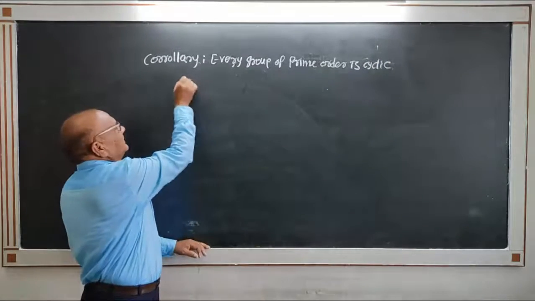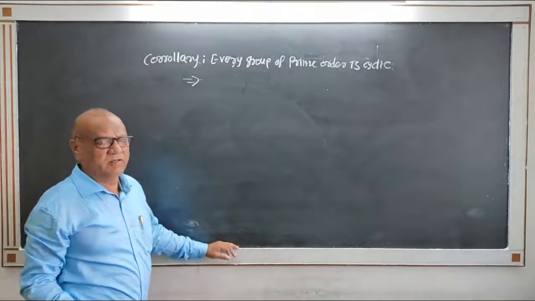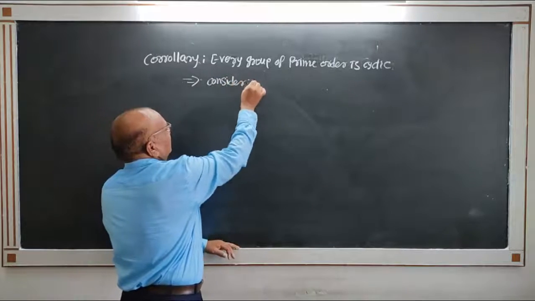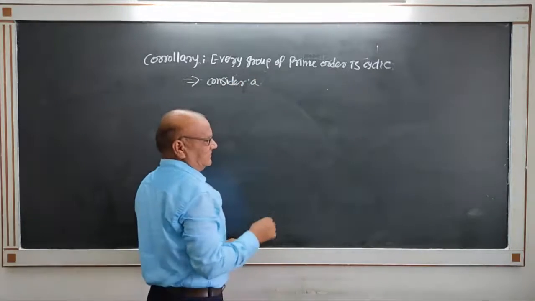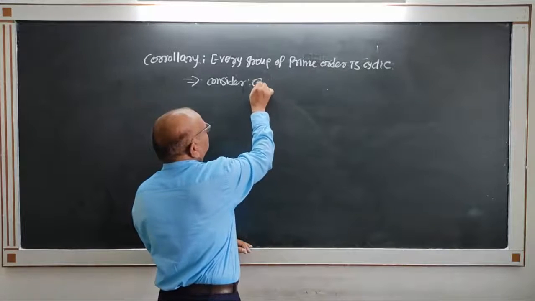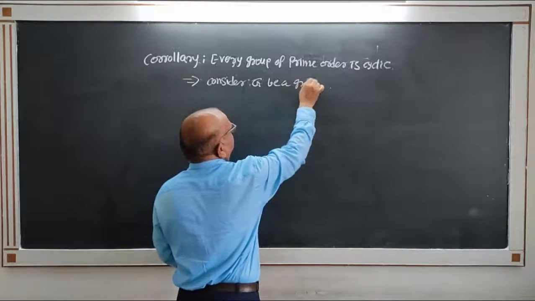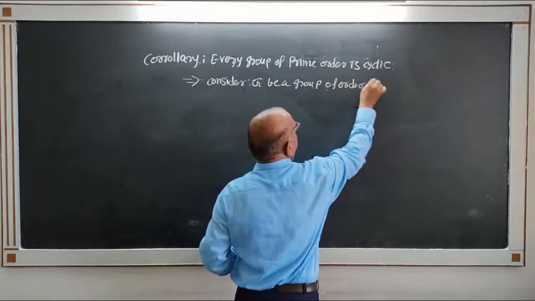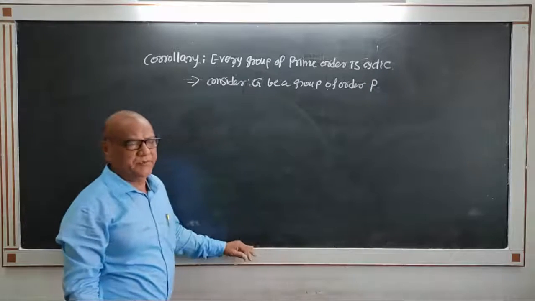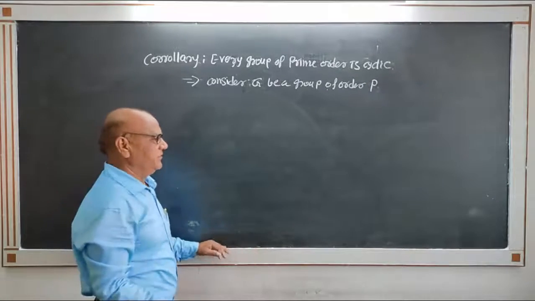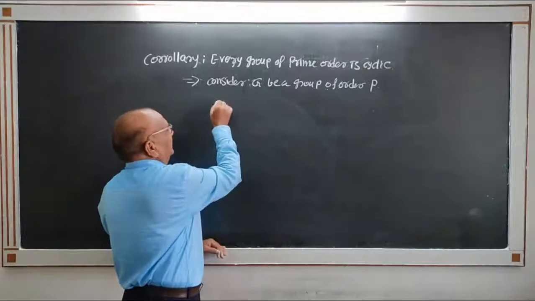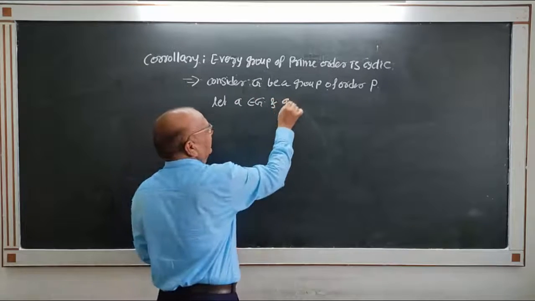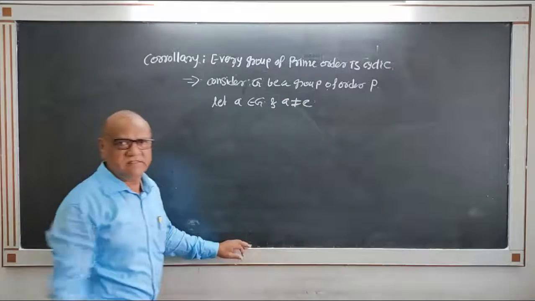First, consider a group of prime order. Let G be a group of order P, where P is a prime. Now let A belong to G and A is not equal to E, that is, A is not the identity element.